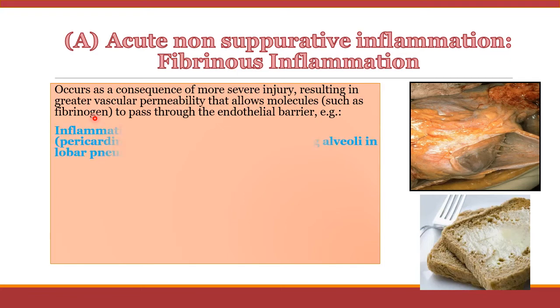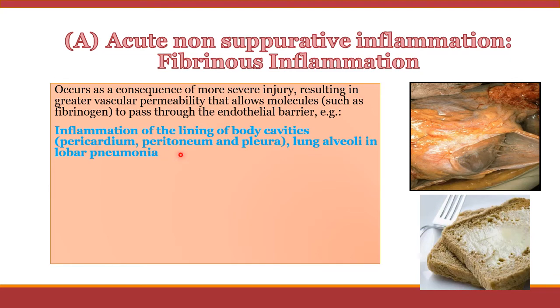The most common types of fibrinous inflammation occur in the inflammation of the body cavity lining, like the serous membranes we mentioned before: pericardium, peritoneum, and the pleura. So inflammations like pericarditis, peritonitis, and pleuritis are usually fibrinous in nature, or maybe serous also, like we already mentioned before.